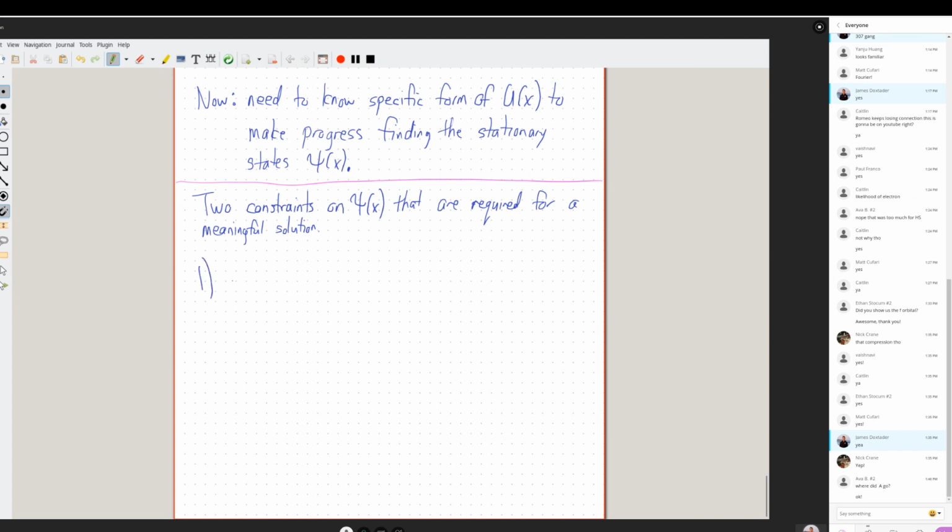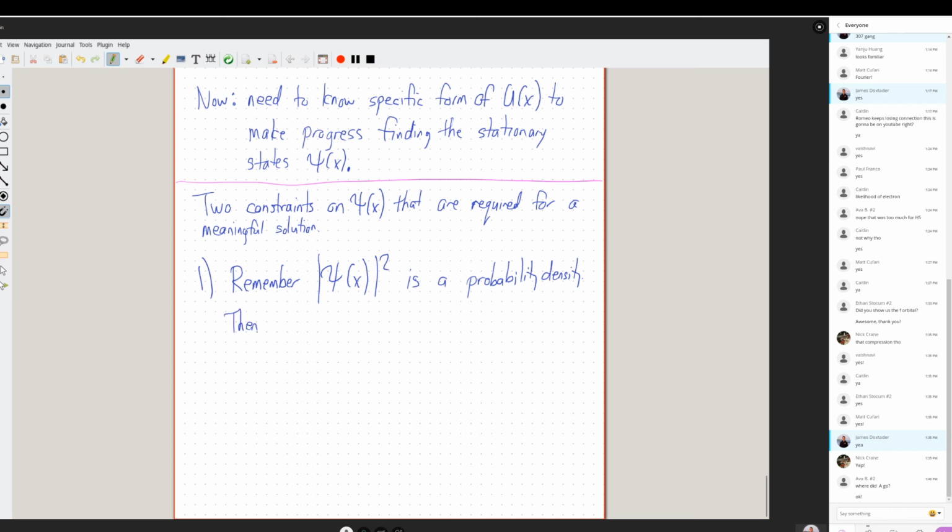So the first one is, remember that the norm of psi of x squared is a probability density.